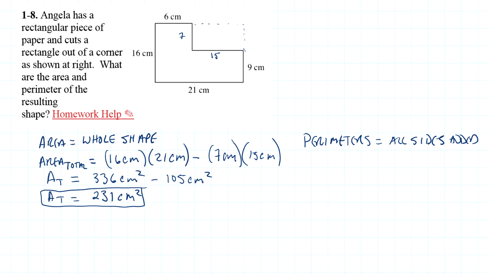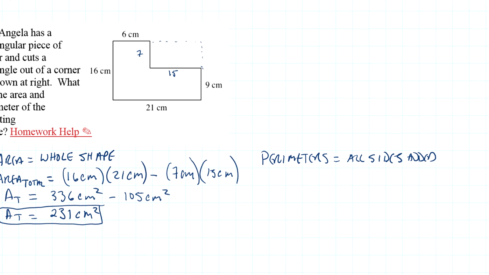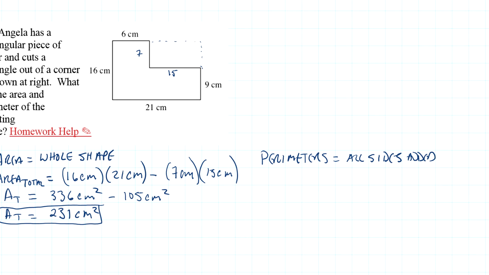All right, so now I'm just going to add all the sides. So we've got the perimeter. So we've got 16 centimeters plus 6 centimeters plus 7 centimeters plus 15 centimeters plus 9 centimeters.